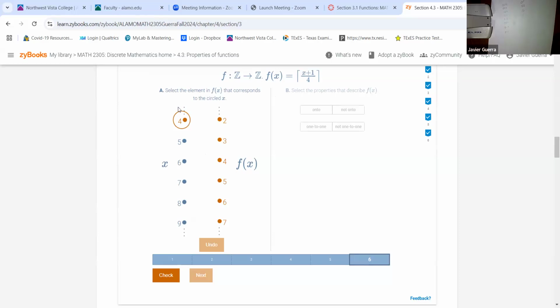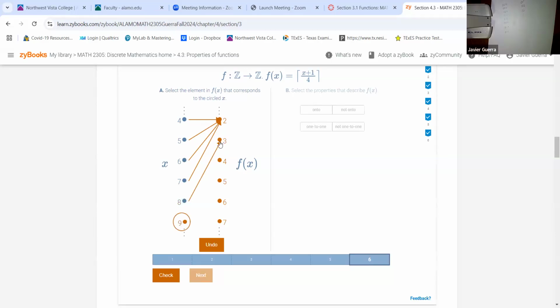Okay, how about this one? All right, 4 is 5. That's ceiling. 5 is 2. 4 is 2. 5, 6, 6 is 3. That's 6. 3, that's 2. 6, 7, 2. 7, 8. 8 is 2. 8, 9. 9 is 3.